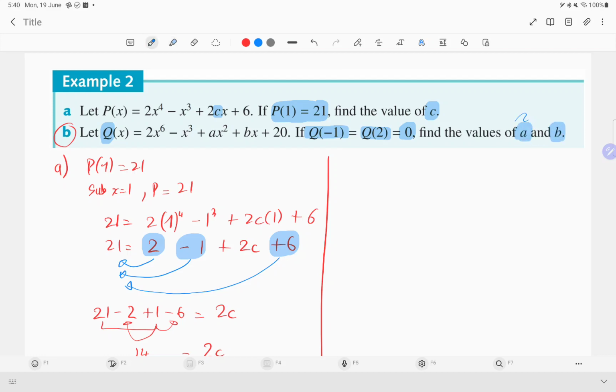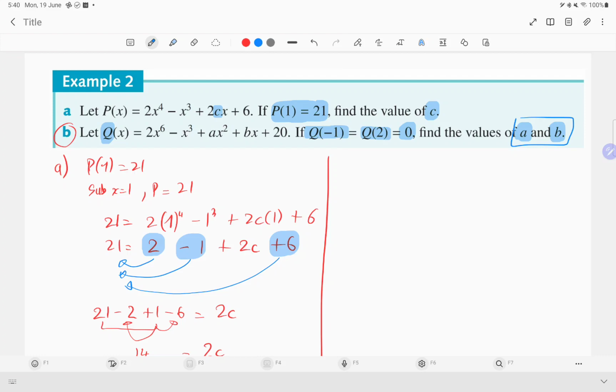So if they ask you to find 2 values in a polynomial, what idea do you think is the biggest, the overarching idea here? How do you find 2 values? You have to split it. Not quite split it. You just solve it the same way. You would solve it in a similar way, but not the same. You can't solve one first.